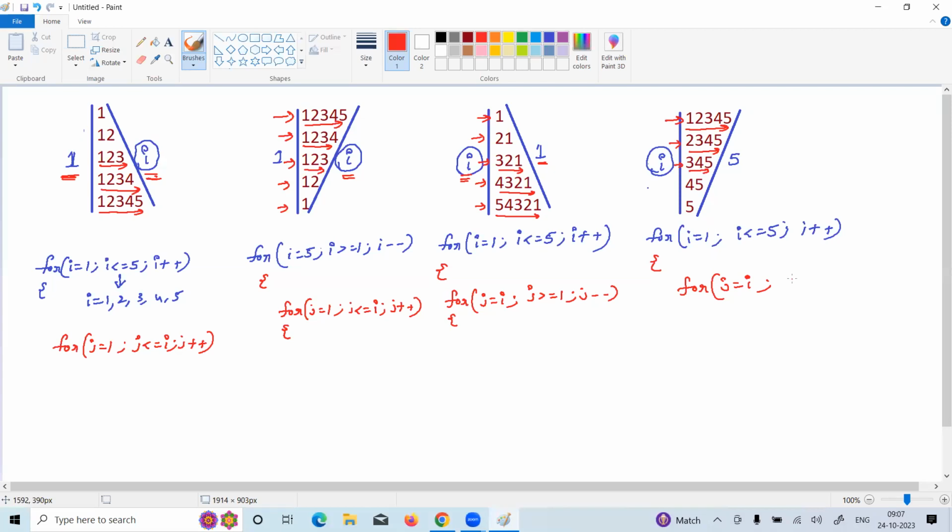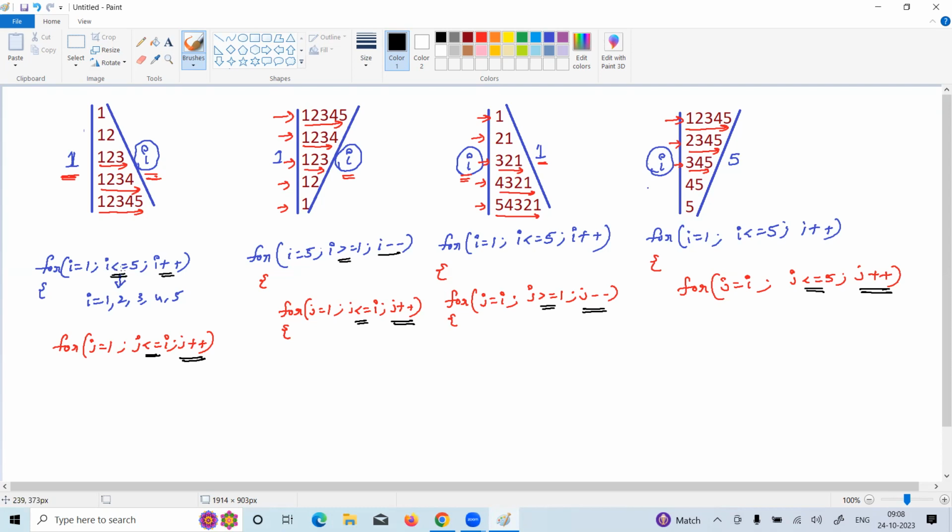Here every row increasing order. Look at the values. So J less than or equals to 5, J plus plus. While writing the inner loop, you need to concentrate here only. Increasing order means plus plus, decreasing order minus minus. Plus plus means less than or equal to; decreasing means greater than.